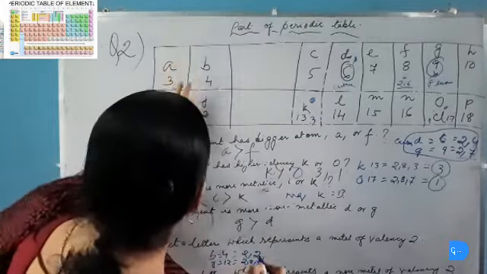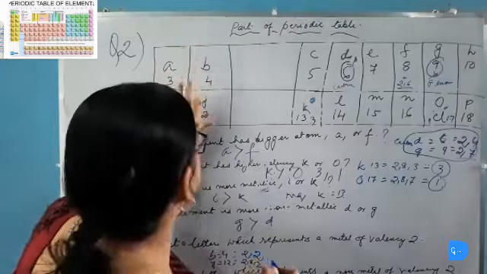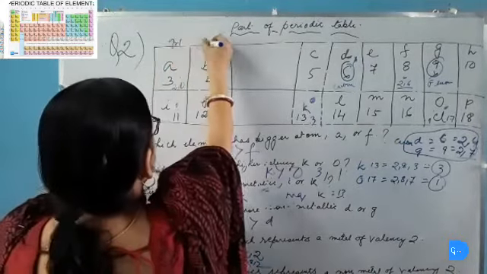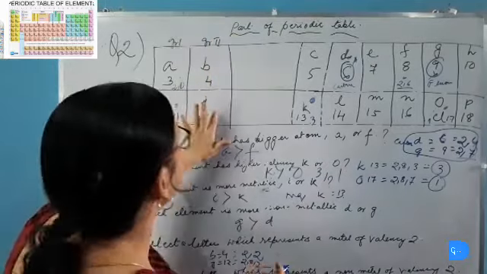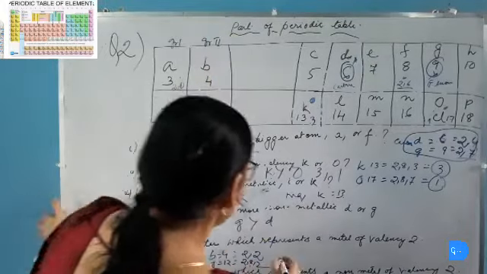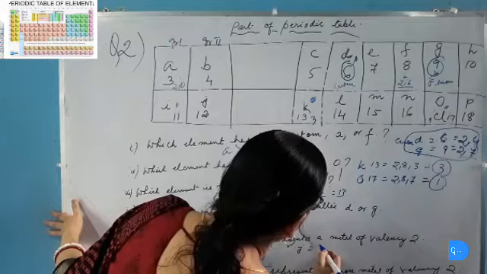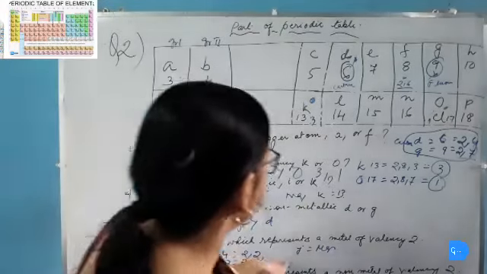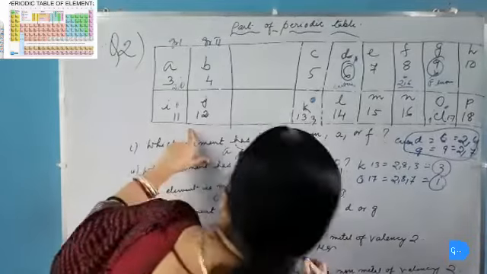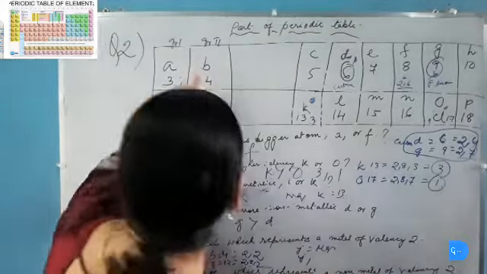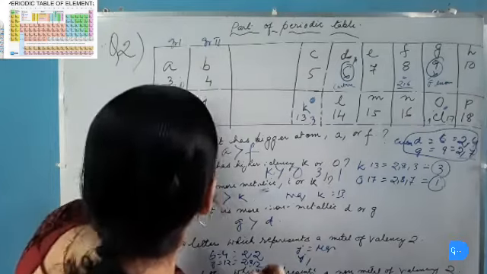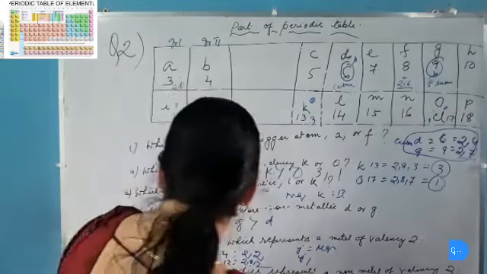Thus these two metals have valency 2, and they are metals because they belong to group 2. This is group 1, this is group 2, and the element with atomic number 12 is magnesium. So J is magnesium. B and J both would be answers, but the question asks to select only a single letter, so we will write J, which is magnesium.